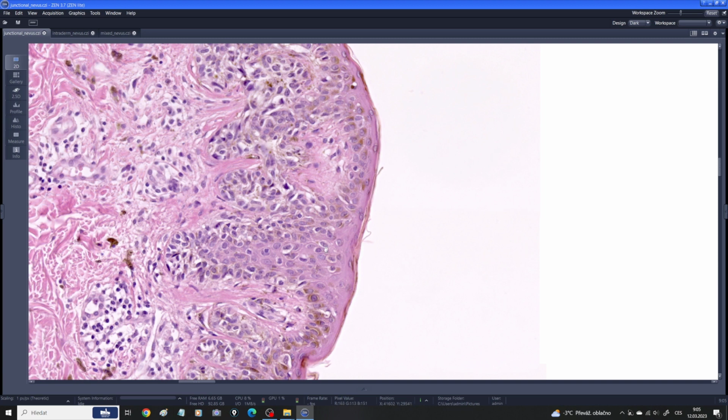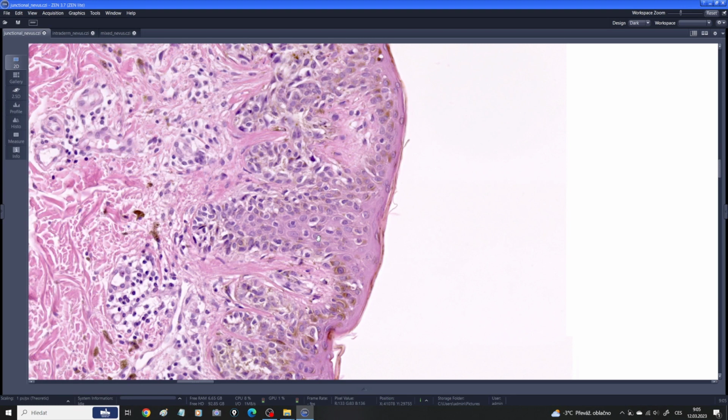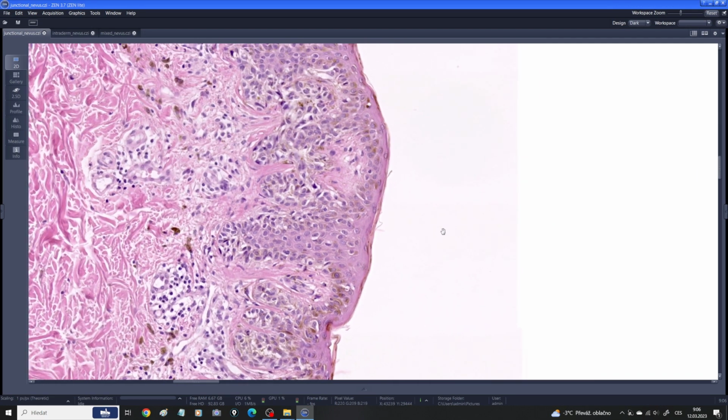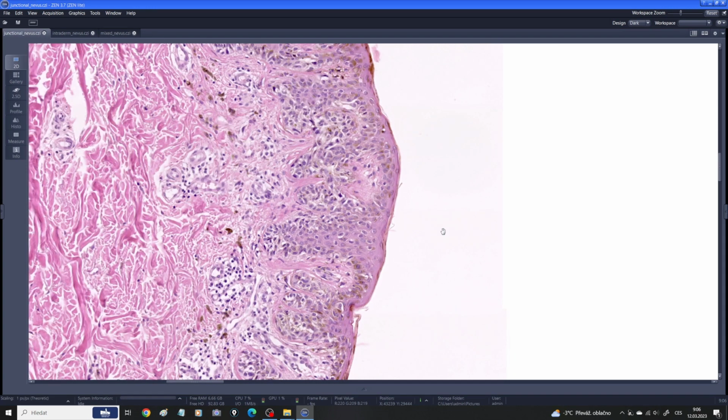So you will see numerous dispersed melanocytes not only in the basal portions of the epidermis, but you can see individual cells growing up to the upper portions of the epidermis. This is called pagetoid spread, and if you see this, you should be worried, because this is quite typical for melanoma, and it is not a typical feature of benign nevi. So be careful with this pagetoid spread, it can help.